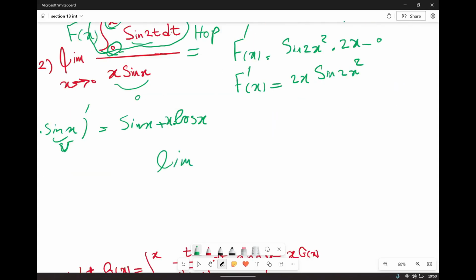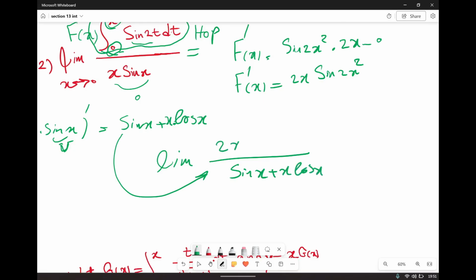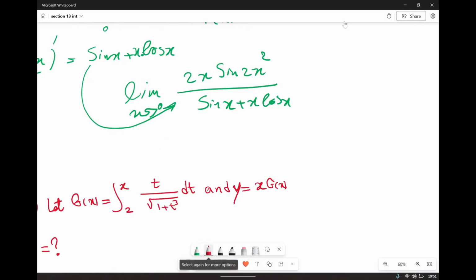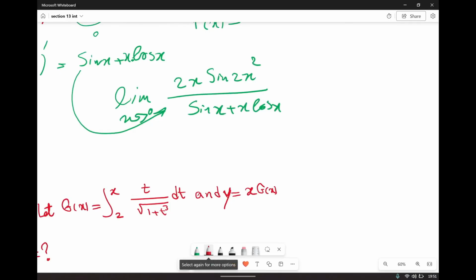Let's rewrite our limit again. In the bottom is sine x plus x cosine x, but in the top is exactly 2x sine of 2x power 2, when x goes to 0. Yes, but right now I use the equivalence for solving this question.